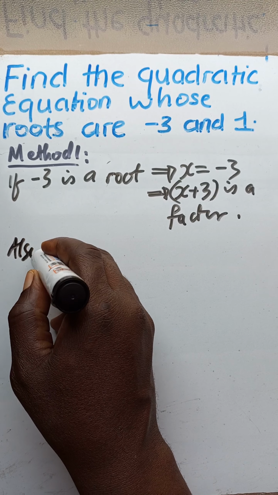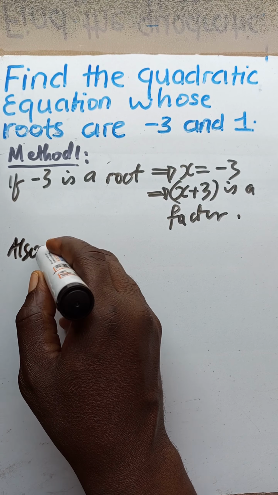Also, x equals 1 is a root. That means we take it this way. We obtain the other factor.